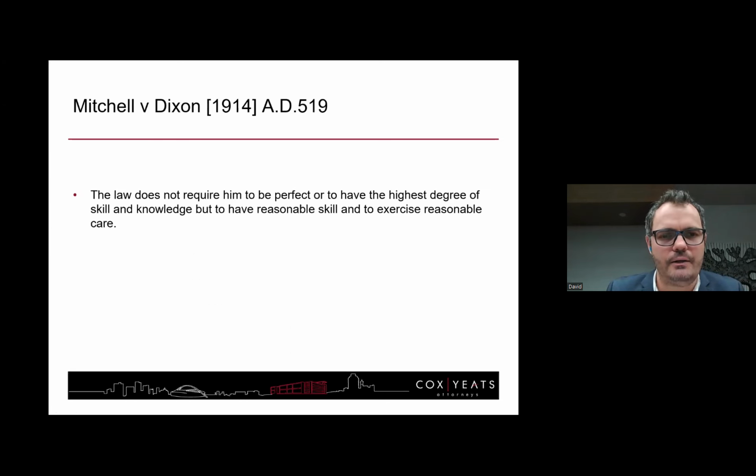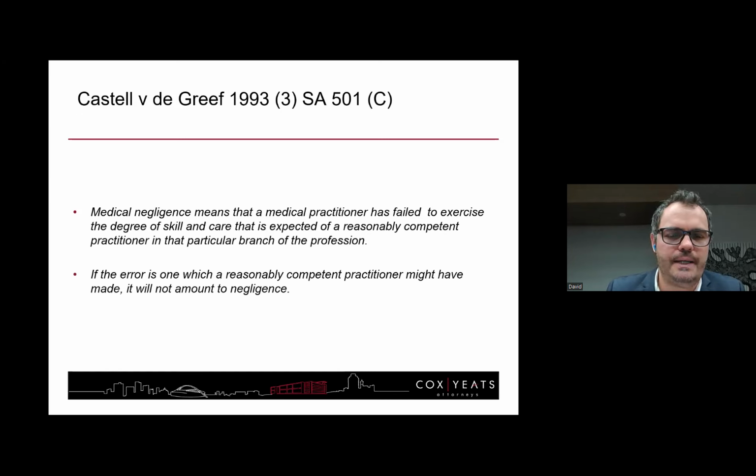You're actually allowed, and I don't want to say allowed to make a mistake, and this goes back to 1914, believe it or not, but there has to be a high degree of skill and knowledge, but it's also reasonable. It's got to be reasonable skill and reasonable care in the circumstances, and attendant upon the engineer's level of skill and expertise. And then it's very similar to medical negligence.